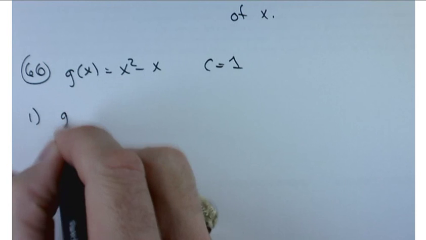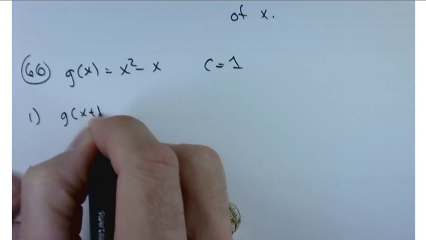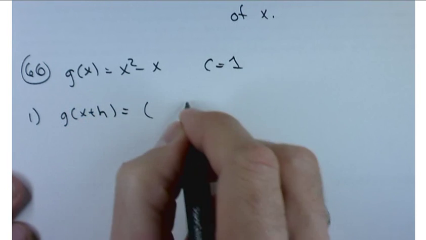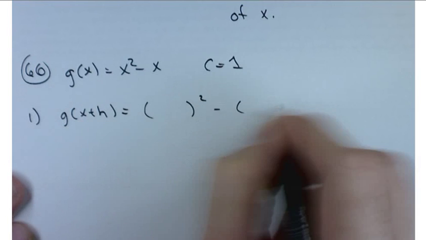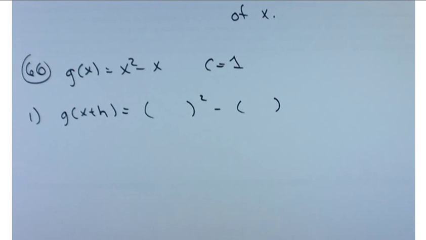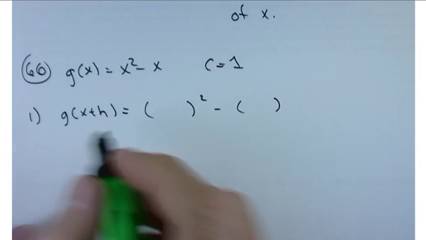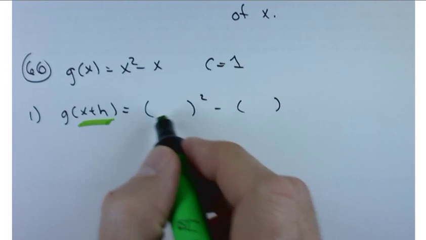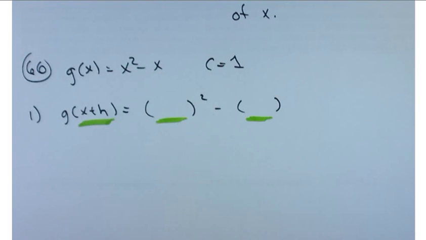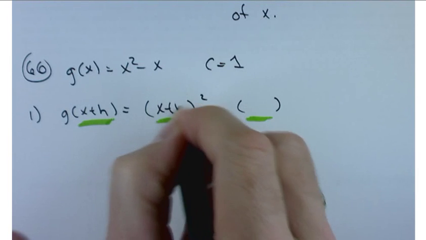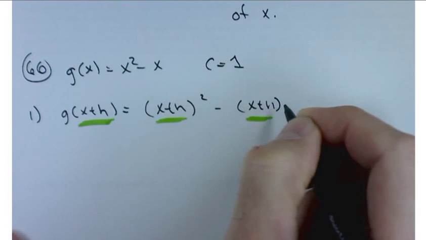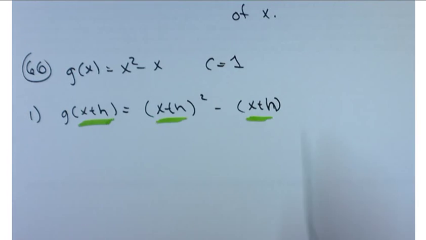My first step in that is going to be to calculate g of x plus h. So let's take that x plus h and plug it into the function in place of x. And let's simplify that expression.